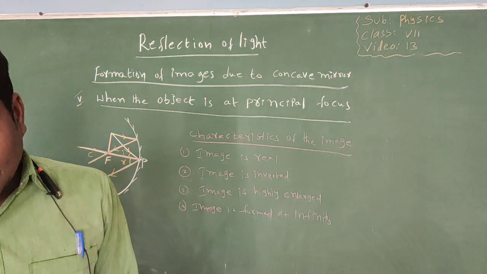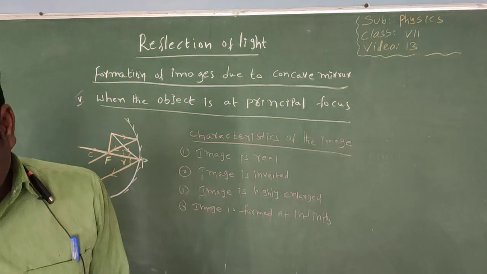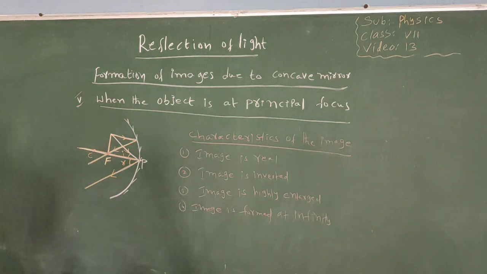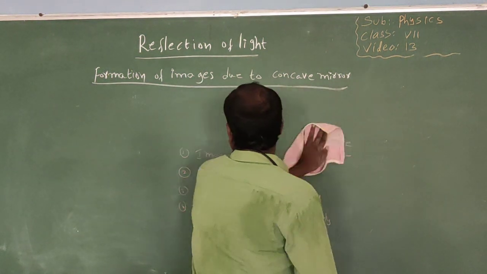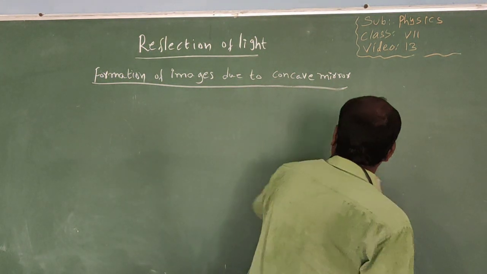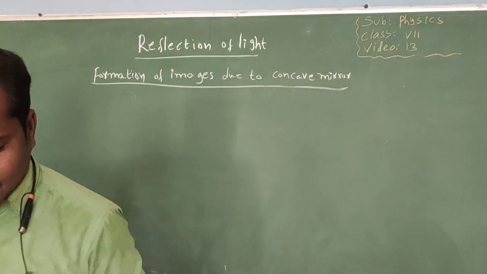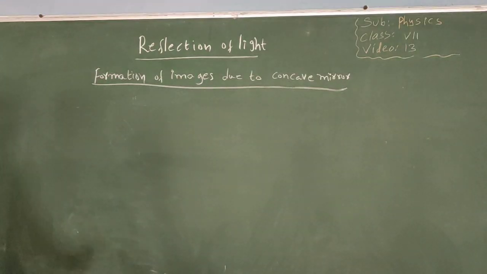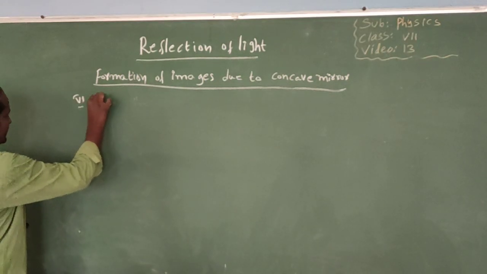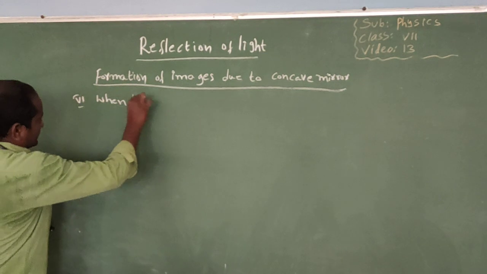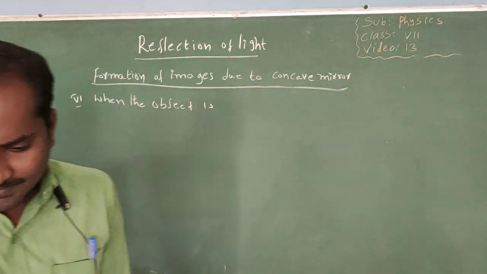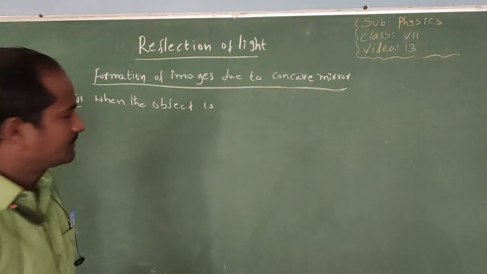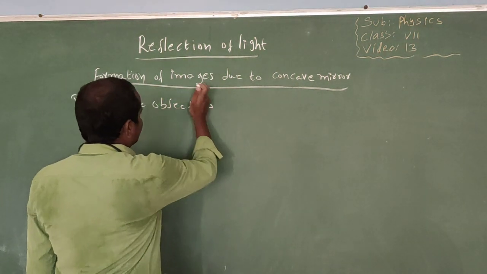Next, the sixth case: when the object is between the principal focus and the pole.